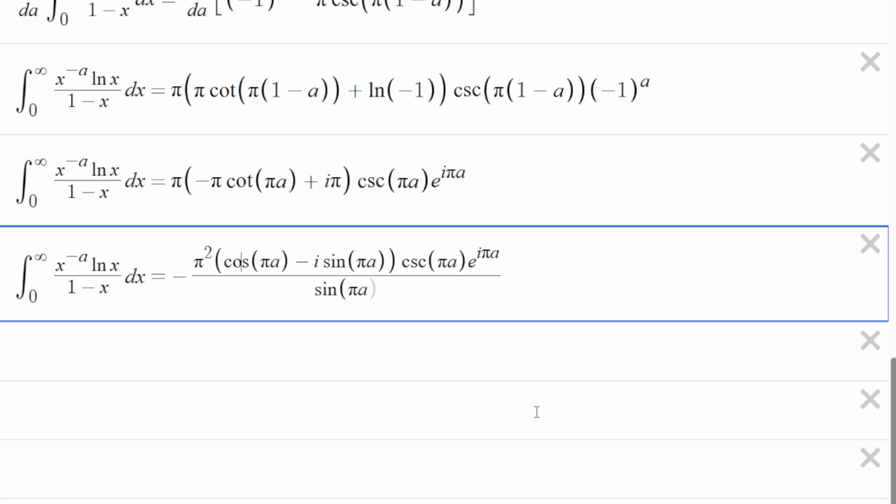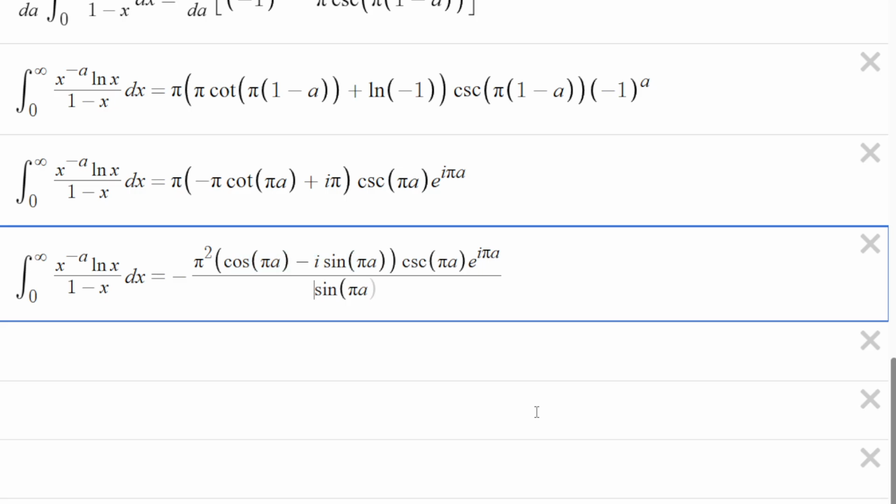All right, now you'll notice that this right here is just e to the negative i pi a. That's Euler's formula: e to the i theta is equal to cosine theta plus i sine theta. And if we have our theta equaling negative pi a, this is the result.